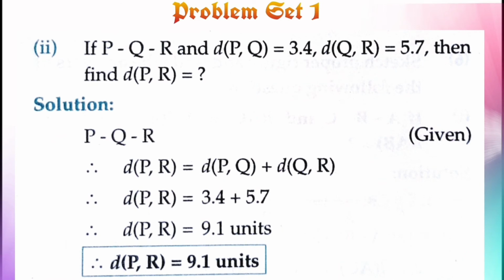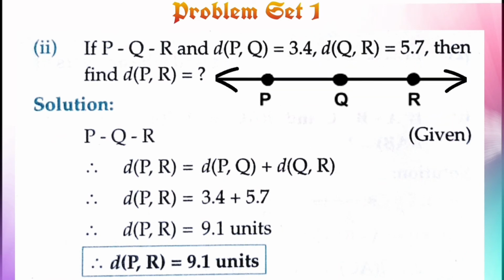If P-Q-R, again betweenness, and the distance between P and Q is equal to 3.4, the distance between Q and R is equal to 5.7, then we have to find the distance between P and R. Again we will follow the formula of betweenness here, that is P-Q-R, which means the longest one will be the first and the last one, that is the distance between PR, and it will be the addition of the other two distances.